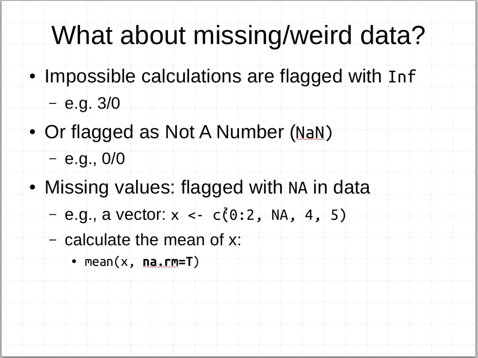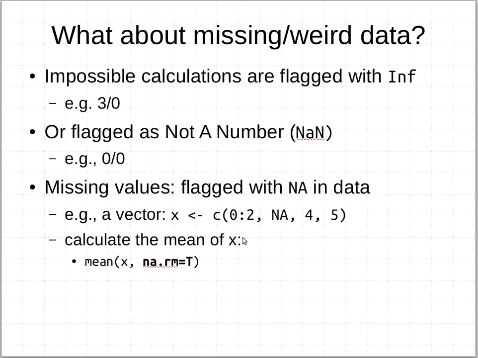For example, let's say you have a list of numbers. C parentheses just simply says concatenate. We're going to make a list of everything from 0 to 5. So I just did it this way. 0, 1, 2. That means everything between 0 and 2. 0, 1, 2. Obviously we have an NA for 3, 4, 5, right? So everything from 0 to 5 is this vector, which is called x.